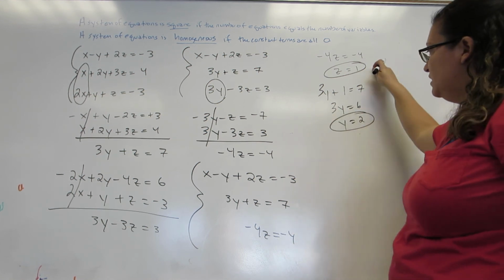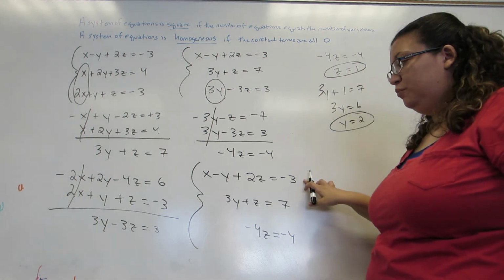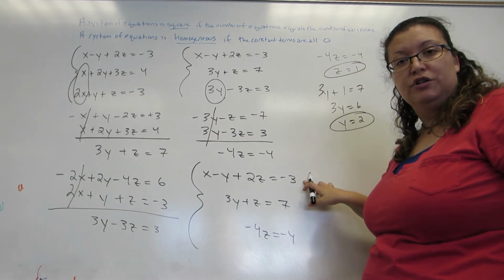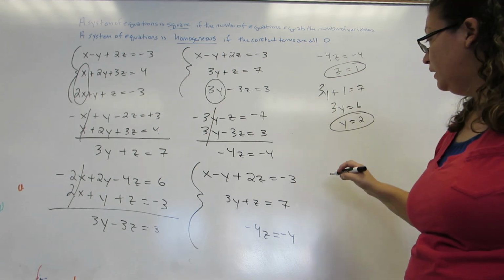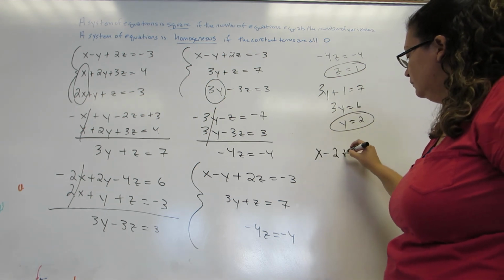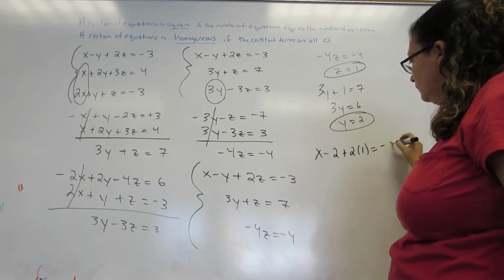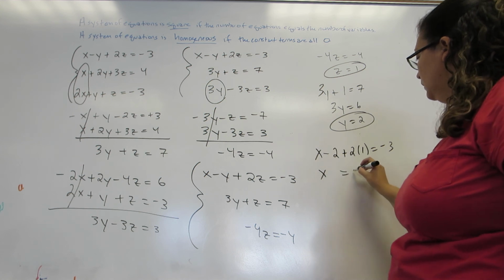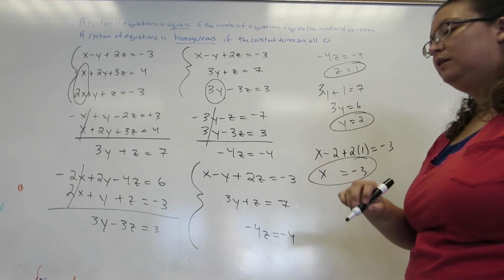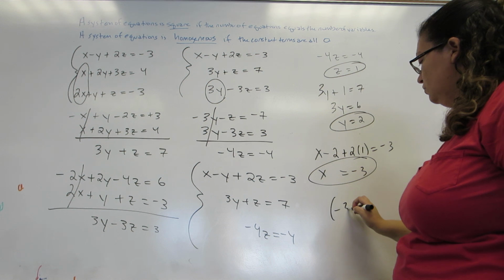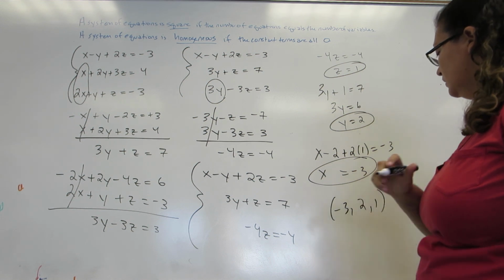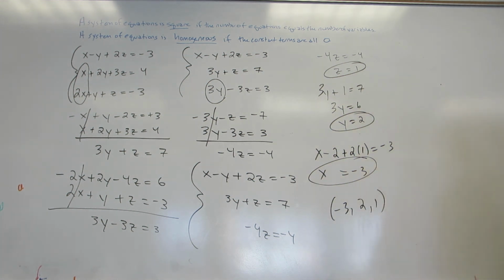And once I have z and y, I'm going to plug them into my first equation, and I'm going to be able to solve for x. And I get that x is -3. So my solution for the system is -3, 2, 1.